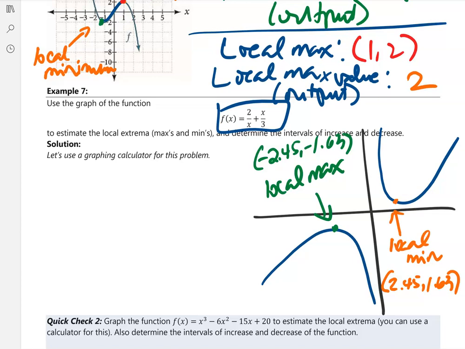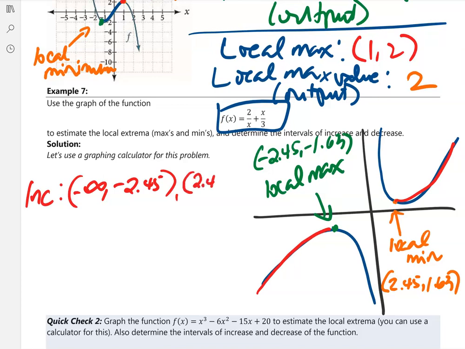And then determine the intervals of increase and decrease. So increase, that is from negative infinity, from here to here, to negative 2.45, and also from here to here, that is 2.45 to positive infinity.